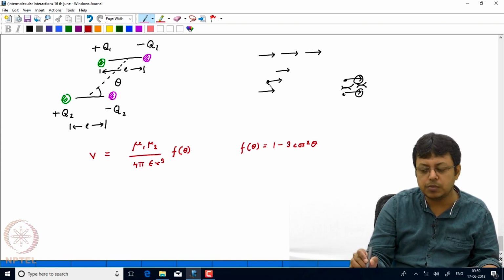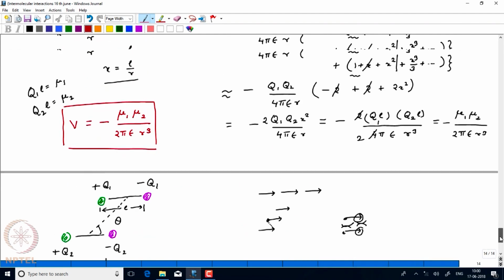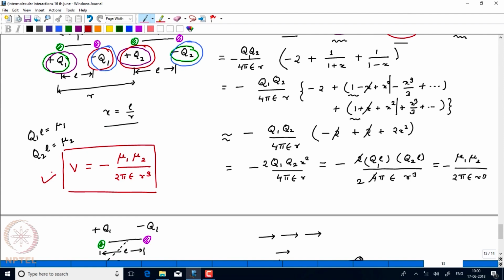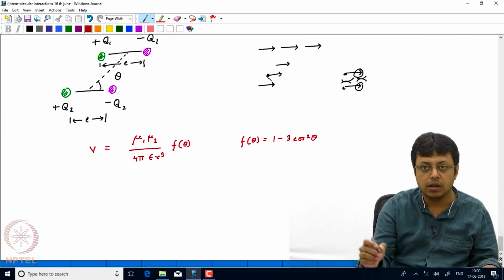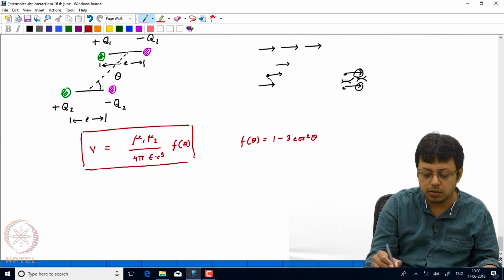Now suppose I have a 0 degree orientation. Cos 0 will be 1, so I will have 1 minus 3, which is minus 2. So the interaction will be minus 2 times mu1 mu2 by 4 pi epsilon r cube. So it will be minus mu1 mu2 by 2 pi epsilon r cube, which is our original formula for dipoles which are connected in a head to tail fashion. So this is a more general formula for two dipoles oriented at an arbitrary angle.